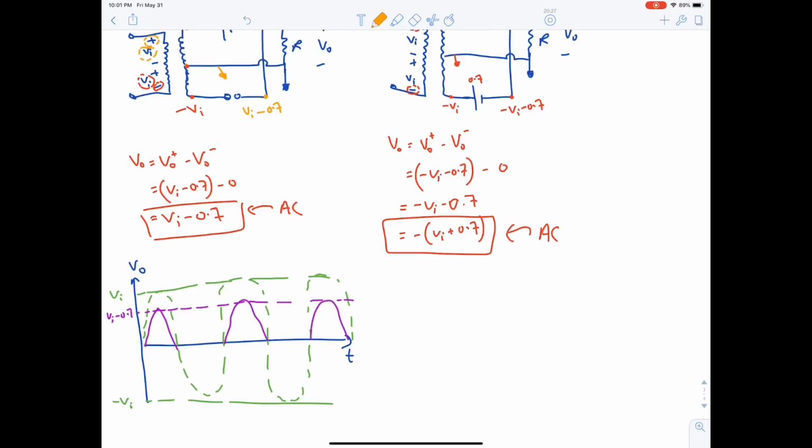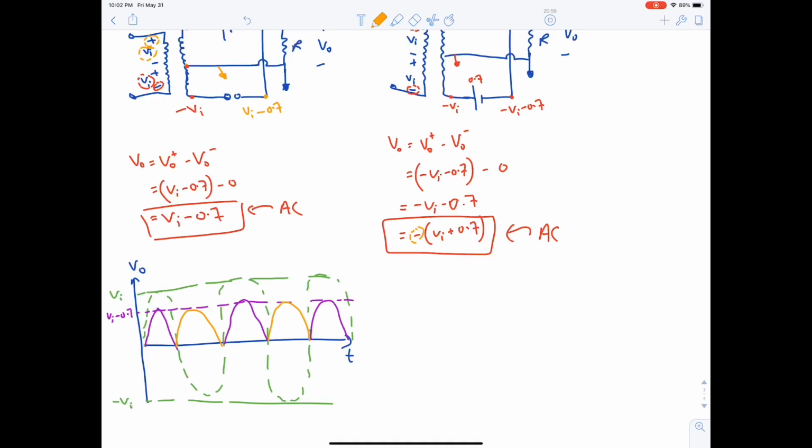Now, it's Vi plus 0.7, so it will be a little bit shifted upwards. But then we have this negative sign, so it has to be flipped. So it will be like this. That's why it's called a full wave rectifier. Both sides of the wave are on the positive.